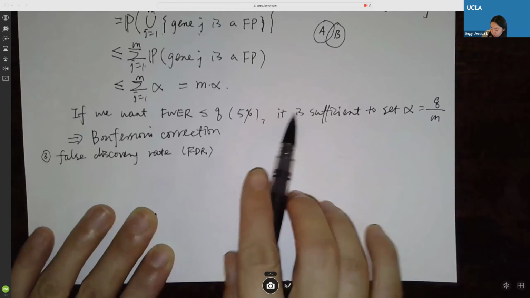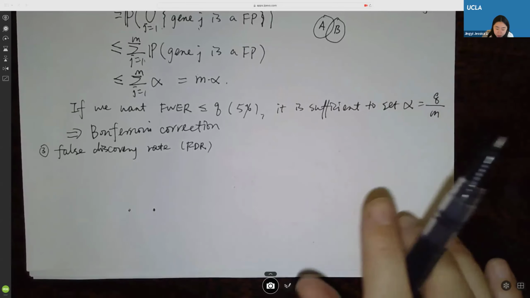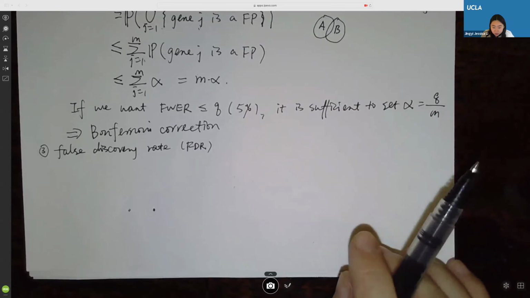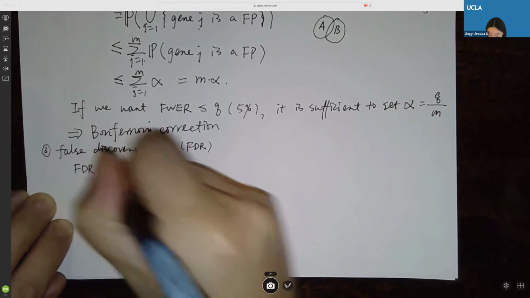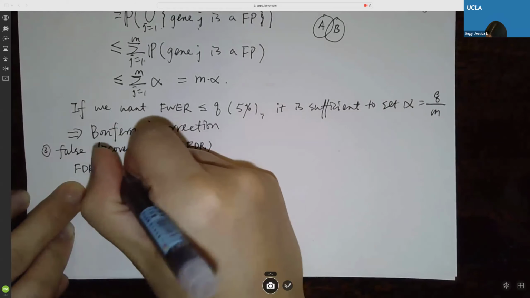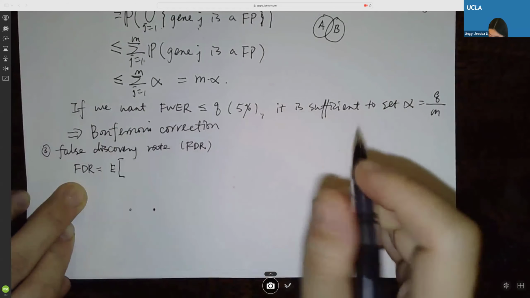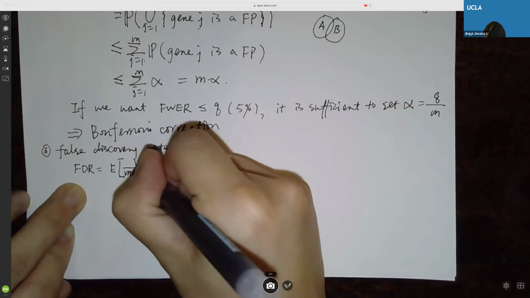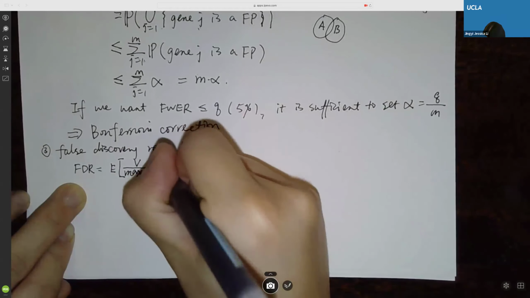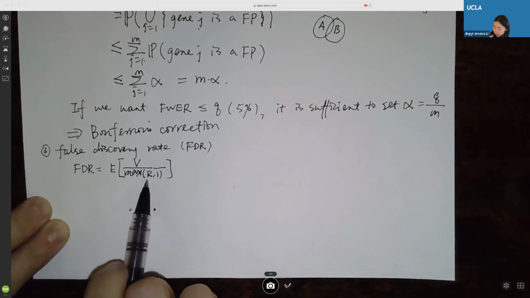That is one extreme, and Bonferroni is the other extreme, but FDR lies in the middle. So what is the definition of FDR? FDR is defined as the expected value of V over the maximum of R and 1.